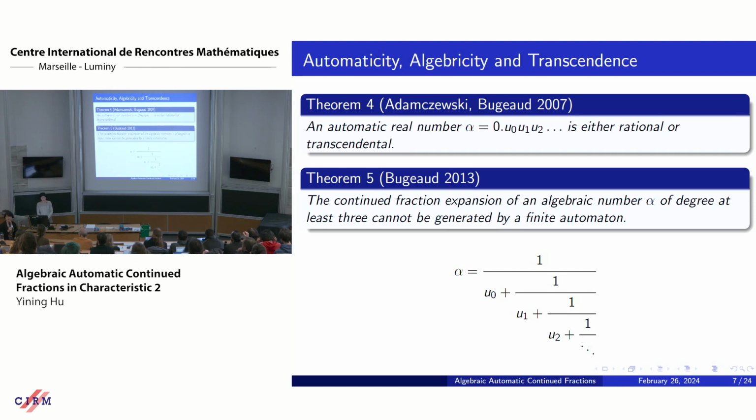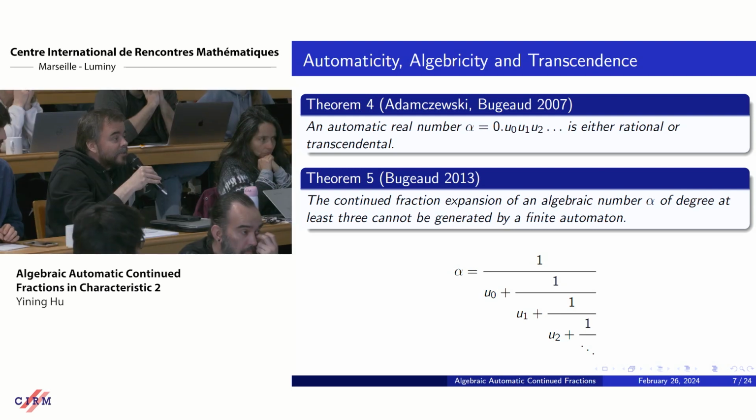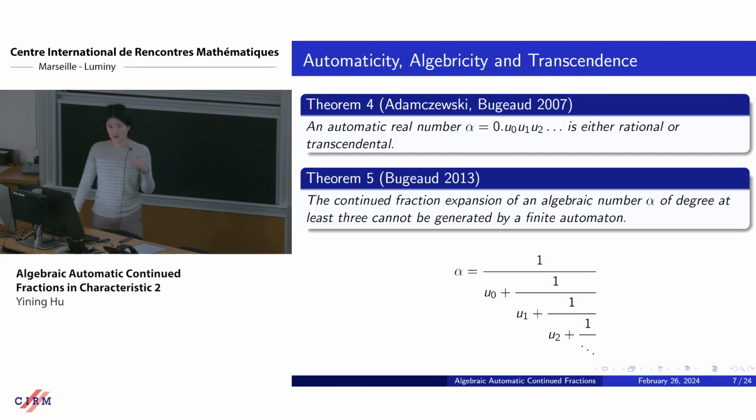So, some other questions? Thanks for the talk. Is all of this particular to characteristic 2, or does any of it generalize to higher characteristic? For our results, it's only in characteristic 2.